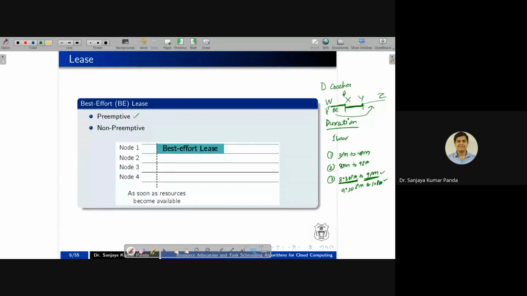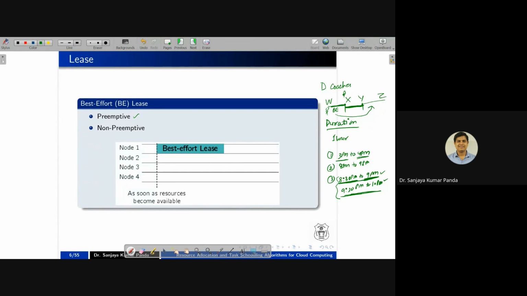Okay, after 30 minutes of execution, we just preempted that particular best effort lease, right? Again, we started at 9:30 p.m. and we continue up to 10 p.m. So this is called preemptible. But non-preemptible means once the resource is given to the best effort lease, it is going to release the resource only after its completion.